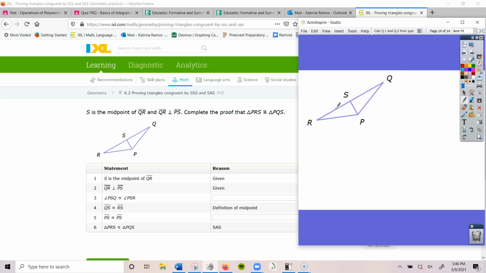That means that SR and QS would be congruent because it's the midpoint. We have QR is perpendicular to PS. And if it's perpendicular, that means that this must be 90 degrees. Angle PSQ and angle PSR are congruent.